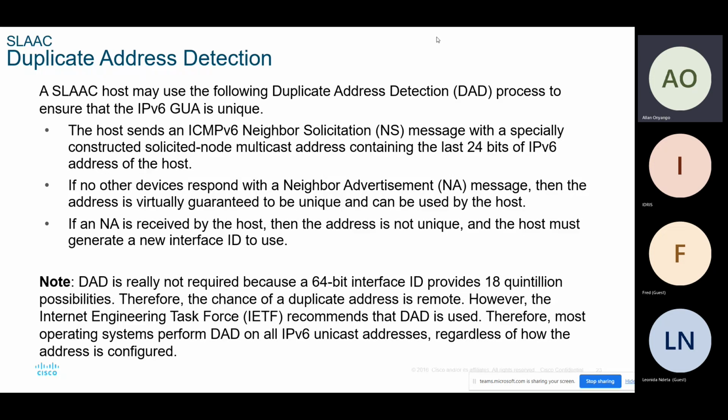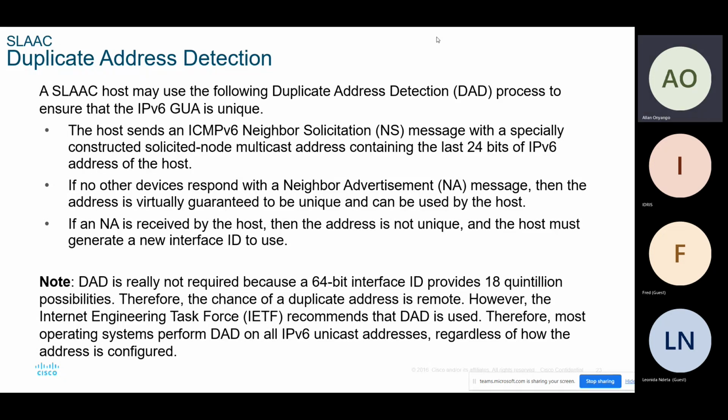Duplicate address detection is when the host sends what is called a neighbor solicitation message. It is sent to all the nodes in the network, and what it's actually doing is checking if there's any device that has the same address.